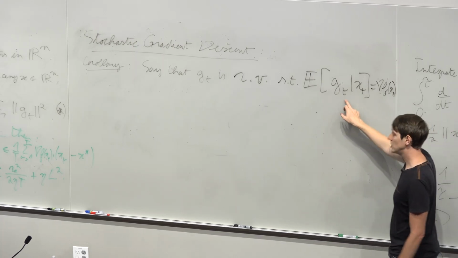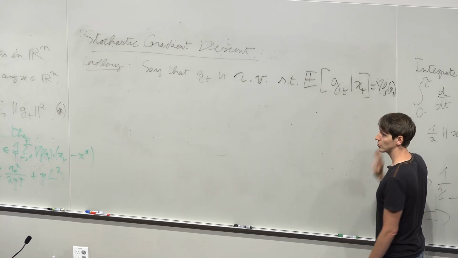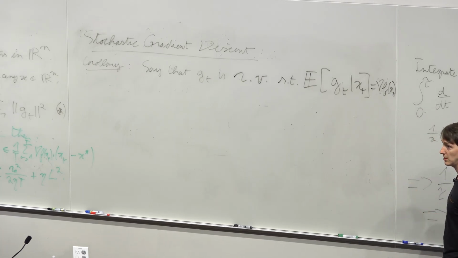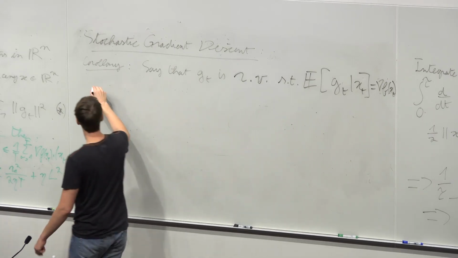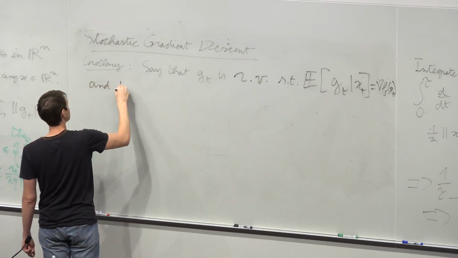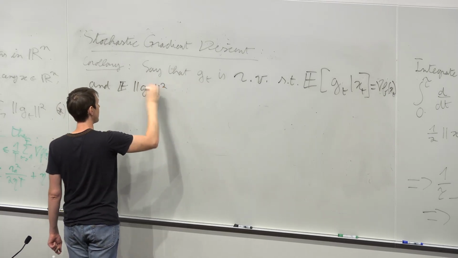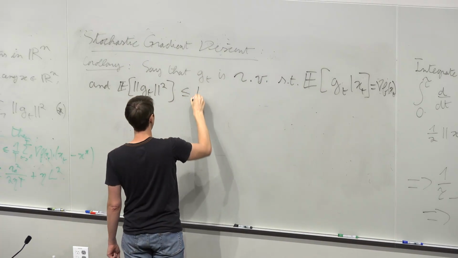I'm going to step in the g_t direction, which is just an unbiased estimator of the gradient direction. Not exactly the gradient, it's something which is just correct in expectation. And the expectation of the norm of g_t squared, let's say, is bounded by B squared.